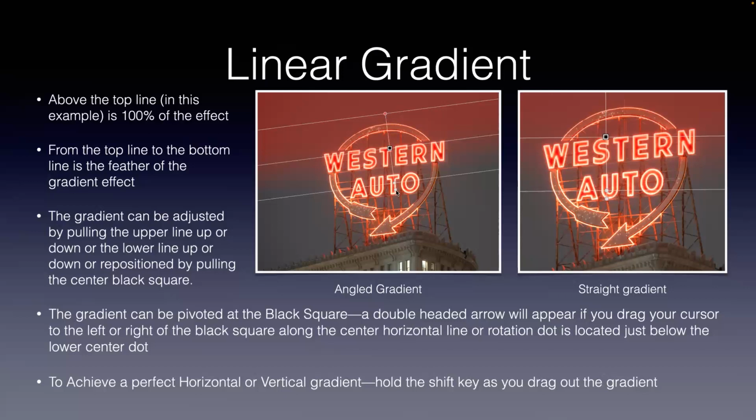There's actually a dot below the bottom line, but I'm talking about the one on the line right now. You can click either one of these dots and pull that dot towards the center black square, or you can pull it away from there, and you'll either narrow it or expand it, whichever way you're pulling it. Like I said, you can make it wider or narrower, whichever you want to do.